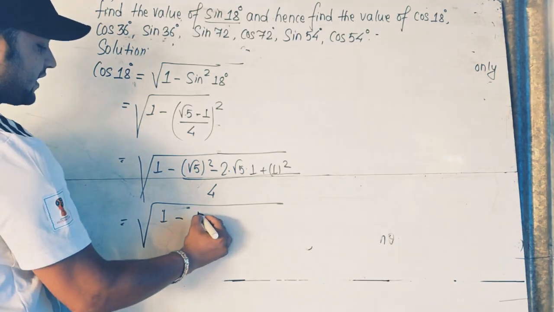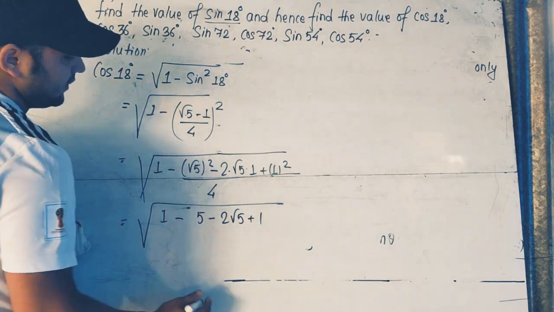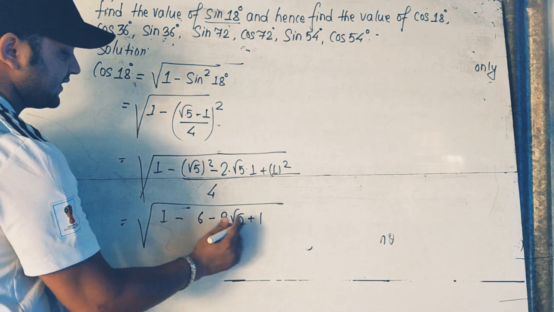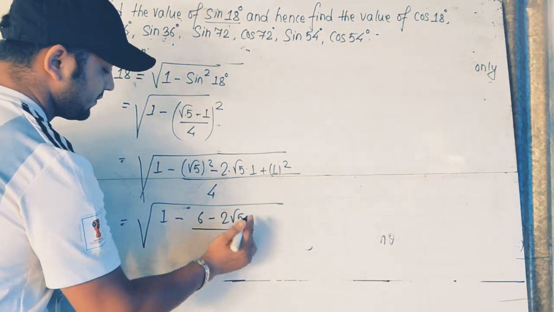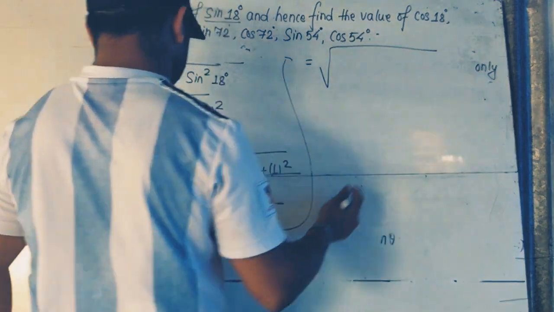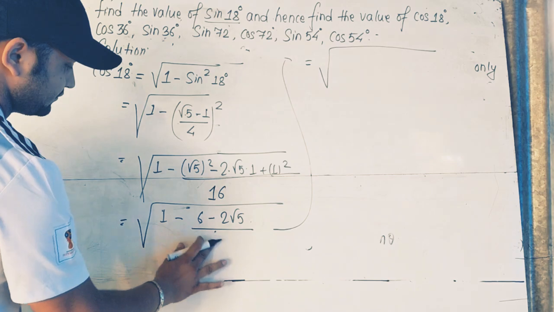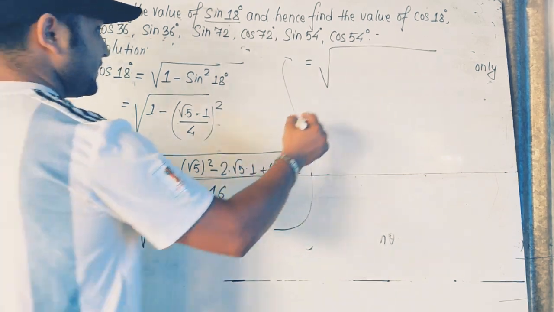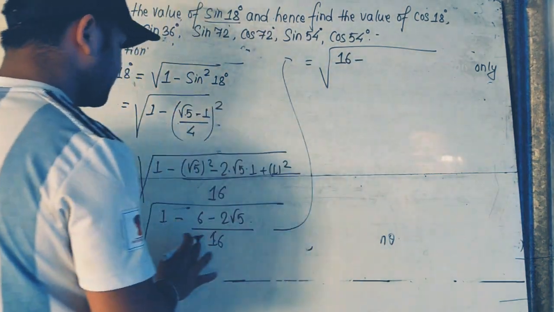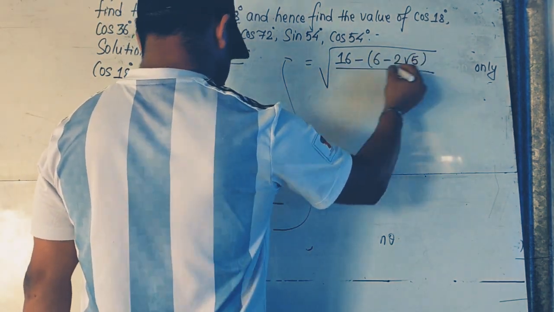Root 5 square gives you 5, minus 2 root 5, into 1 gives you 2 root under 5, plus 1. So 5 plus 1 can directly be written as 6, by 4. Sorry, here 4 square gives you 16. So 1 times 16 is 16, minus (6 minus 2 root under 5) divided by 16.